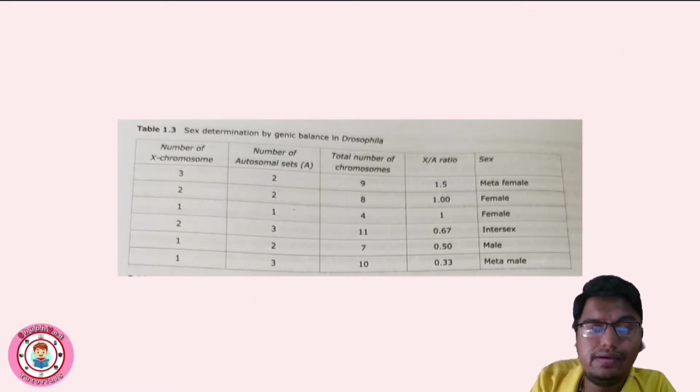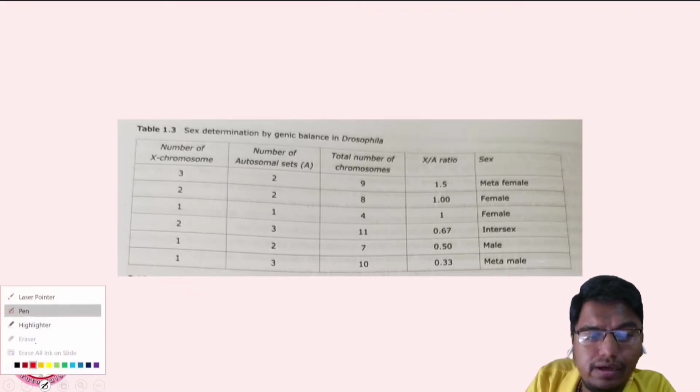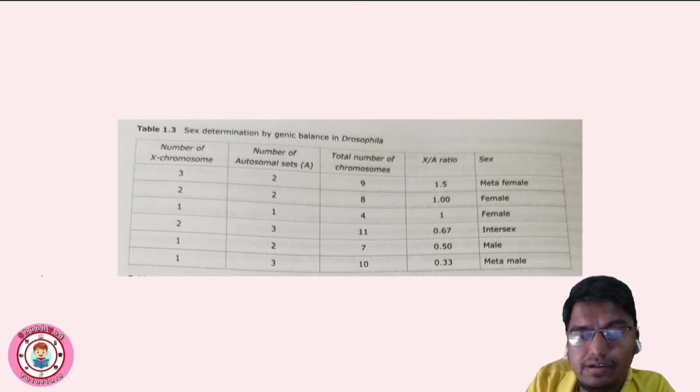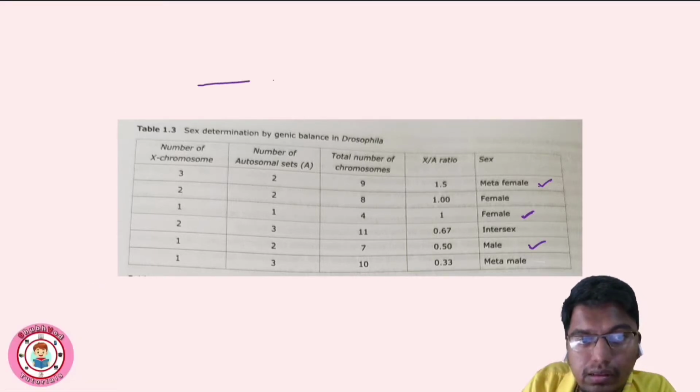Here is a table. This table tells us the total number of chromosomes, the number of X chromosomes, the number of autosomal sets, the X to A ratio, and then what sex we will see. For simplification, we can draw a line here.